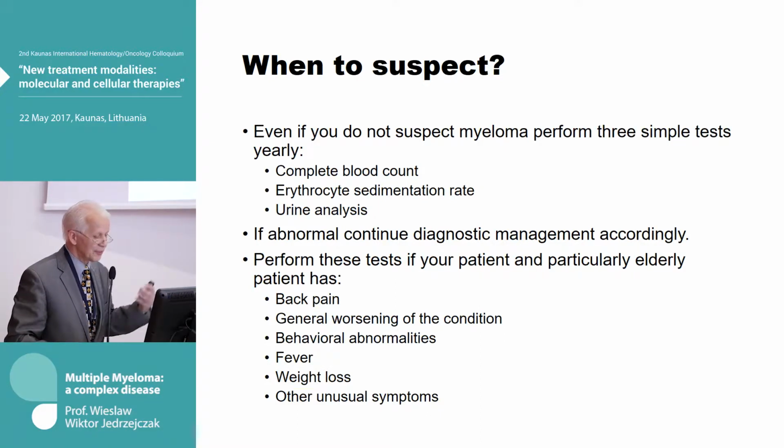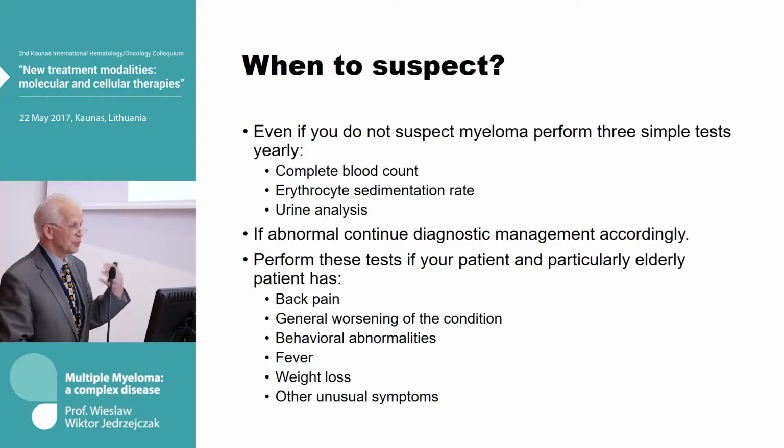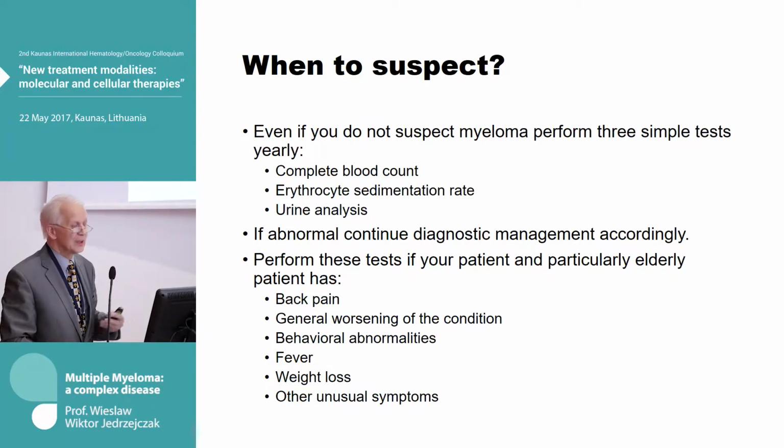And of course, if something is abnormal, then a diagnostic procedure is necessary. But even if not done routinely yearly, if a patient is referred to the doctor because of back pain, general worsening of the condition, behavioral abnormalities, fever, weight loss, or other unusual symptoms, it is also important to repeat this test, because abnormal results may lead to the diagnosis of myeloma.